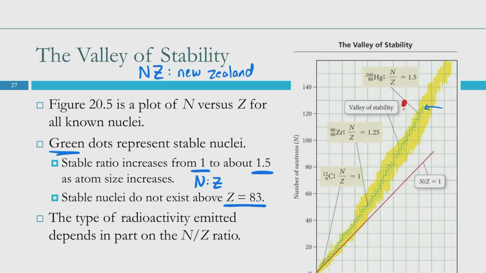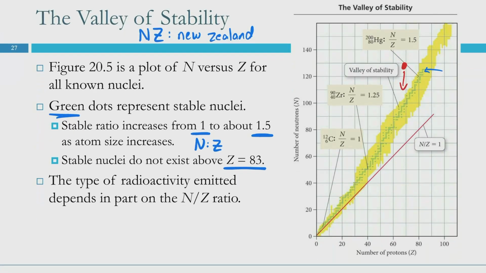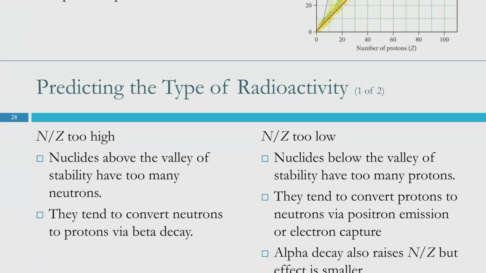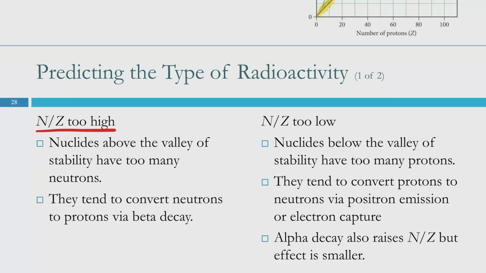And so what needs to happen is we need to move down on our chart. So this is if N to Z is too high. We've got too many neutrons. We need to reduce the number of neutrons that we have. We might also increase the number of protons that we have. And so this is going to undergo beta decay, since beta decay converts neutrons to protons.